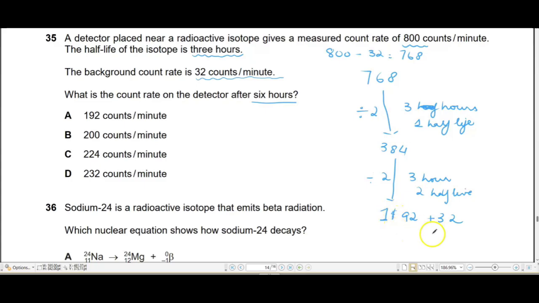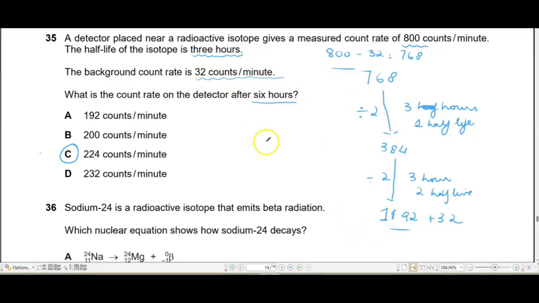So 192 plus 32 is going to give us a count rate of 224 counts per minute.